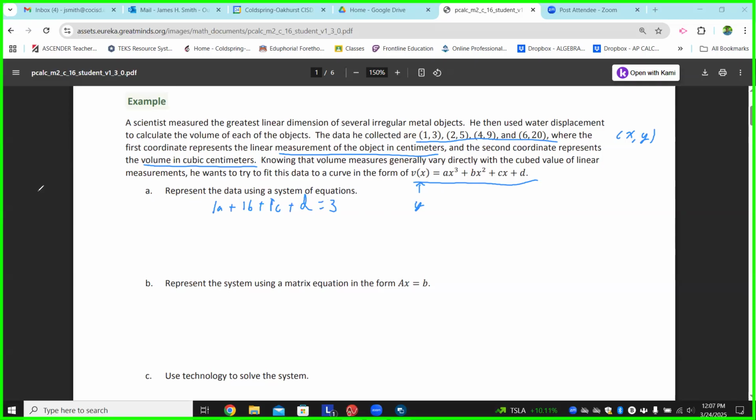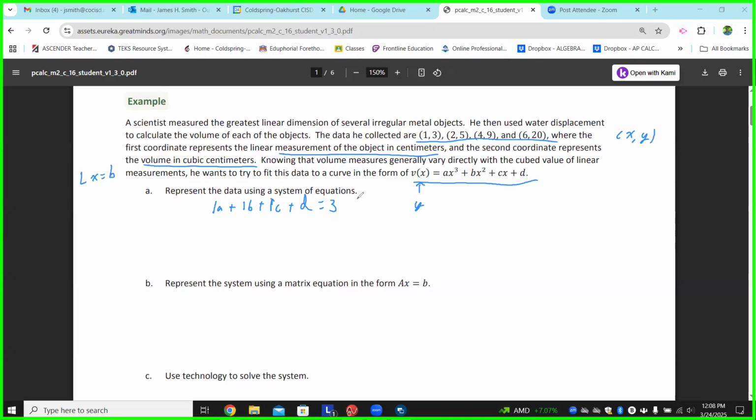We want to write our equations in the form of AX equals B. So the numbers that are on the right of the equal sign represent my B, but I always had it on the right side. So I just wanted to rewrite it so the equals numbers was on the right. Yes, ma'am? And then use technology to solve. Absolutely. That's it. Yep. The hardest part is just forming the equations. After that, the technology does the rest.